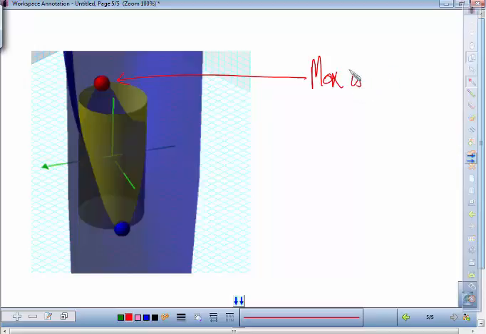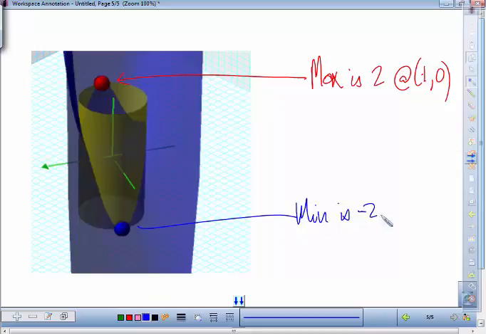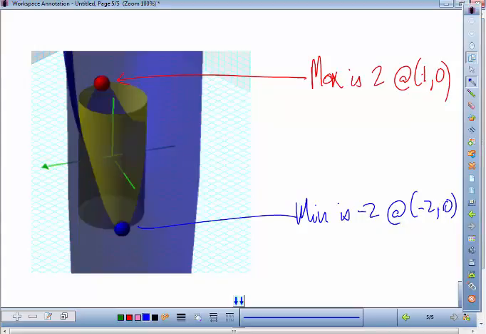Max is 2 at (1, 0), and then the min is -2 at (-1, 0). Okay? Now is it okay? All right, good.